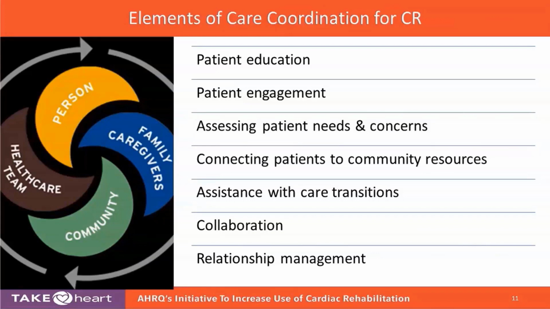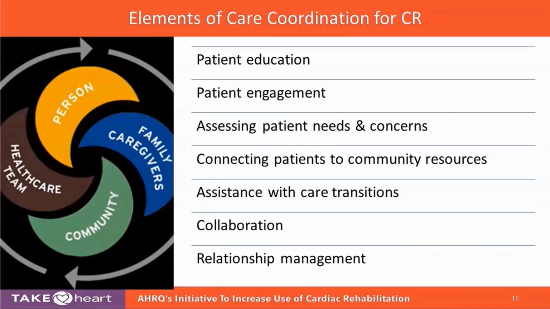that scheduling works for the patients. And really, the other 2 elements listed here are collaboration, and you can't emphasize that enough, that there will need to be significant collaboration and cooperation between the cardiac rehab program and the referring facilities, both internal and external.